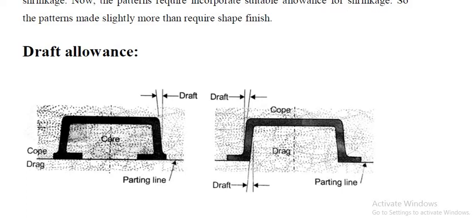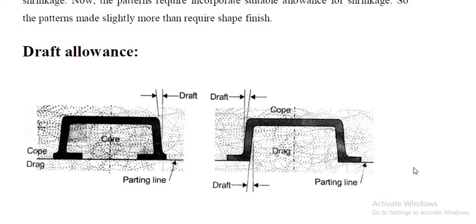some draft angle is given on this side, like this taper. This is called a draft angle, or you can say the taper angle, on the sides where it is touching the mold. So this part we can give like this. We make some angle, and in the lower part also, some draft angle.